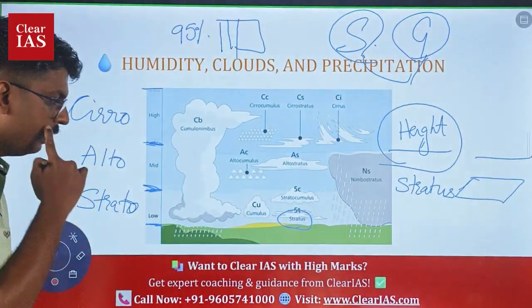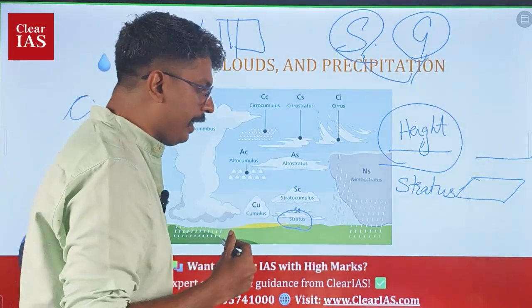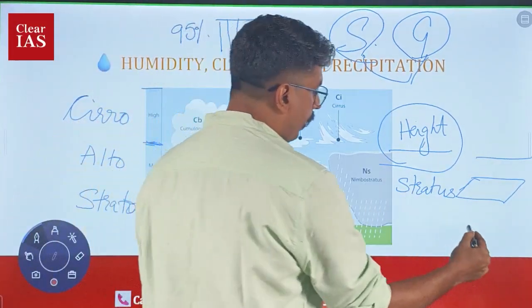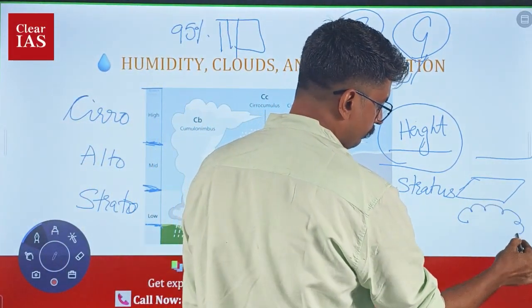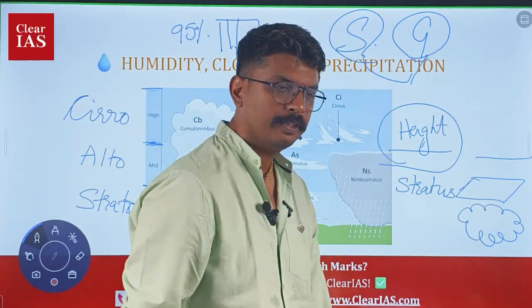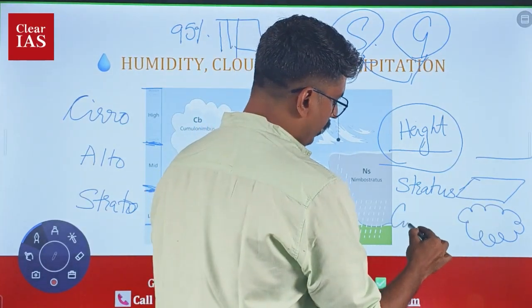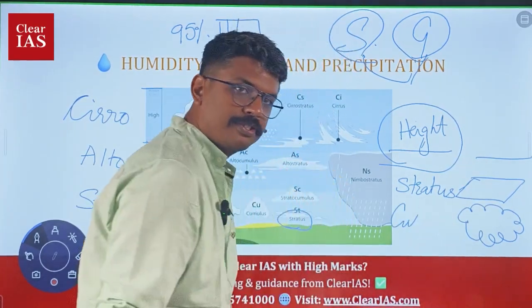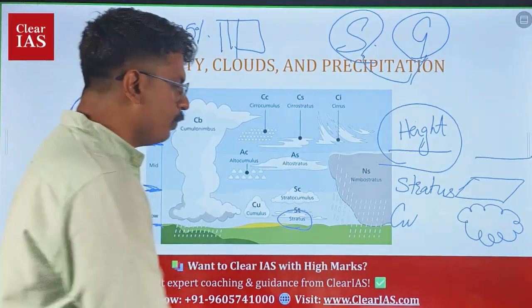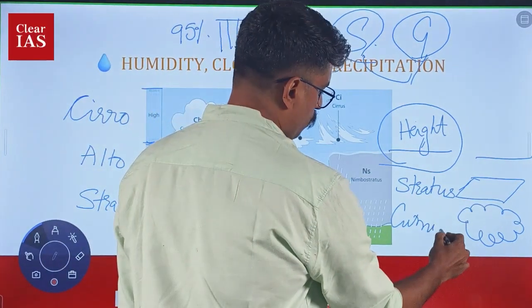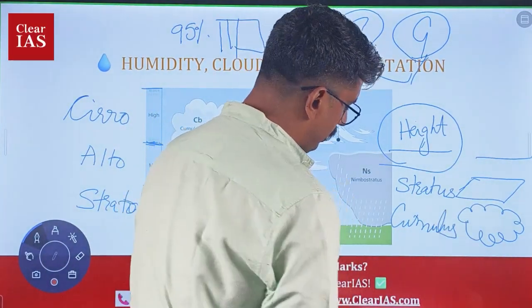Okay, stratus. The second shape is the one we keep drawing from our childhood. This is called cumulus. Cumulus.